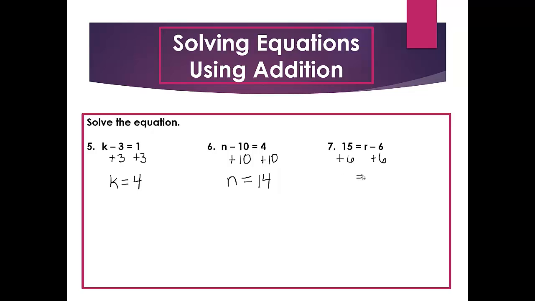On the right-hand side, we just have r because these undo each other. And on the left-hand side, 15 plus 6 is 21. 21 equals r is the same thing as saying r equals 21. These are the same. If we take this 21 and put it in our equation for r, 21 minus 6 is 15.